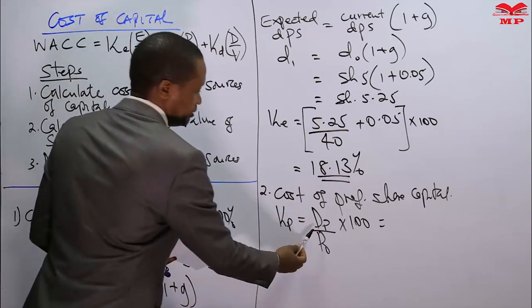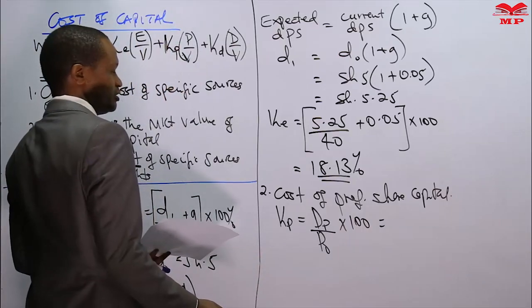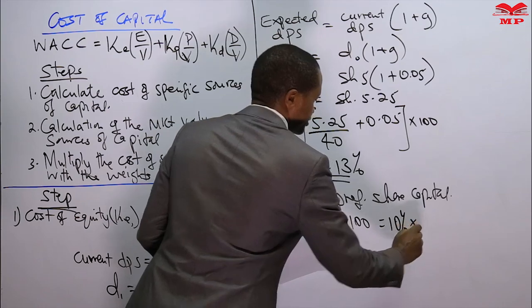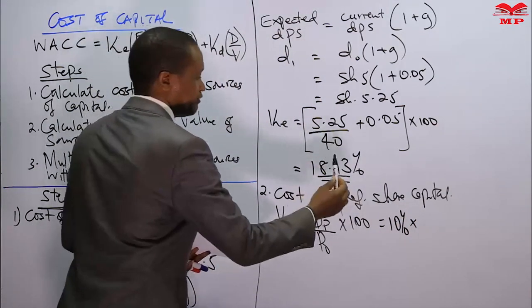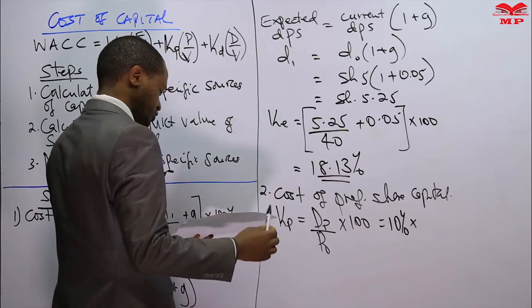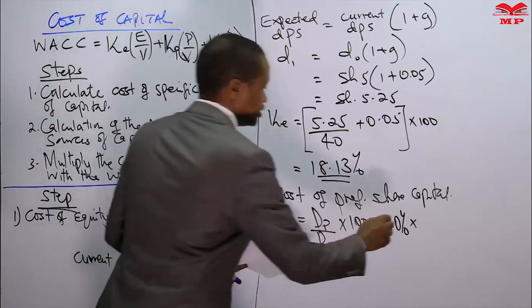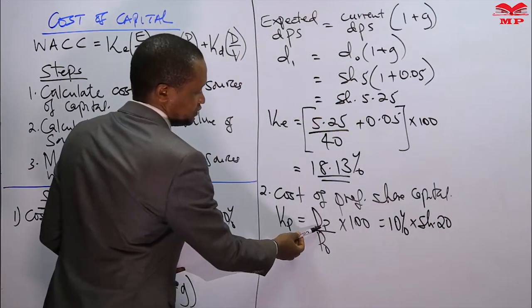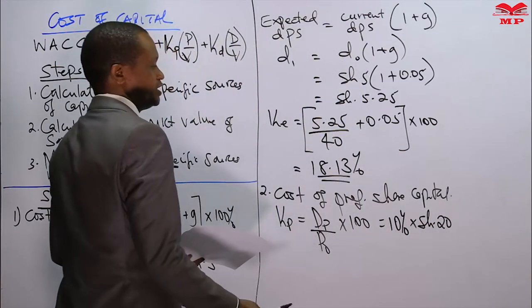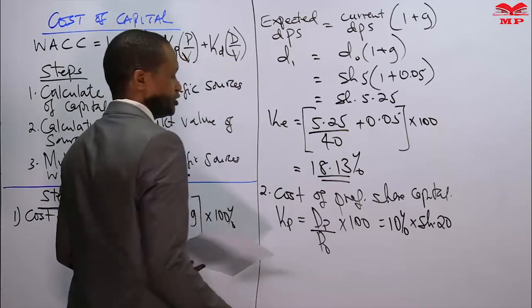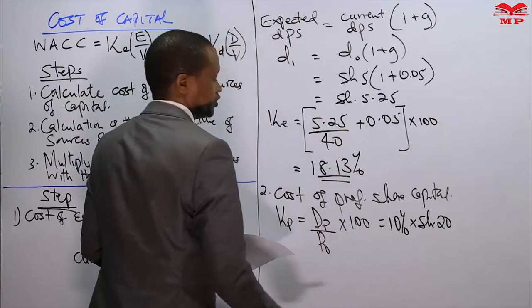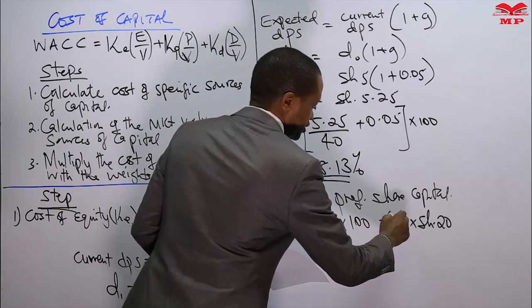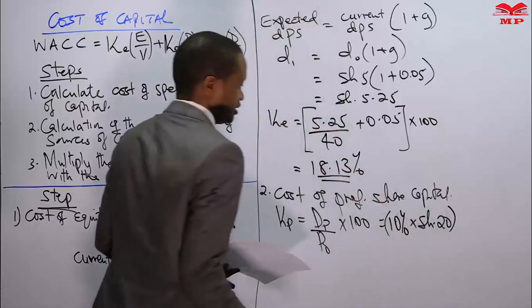So DP or dividend per share will be the 10% times the par value of 20 shillings. That will give us the dividend per share. The dividend per share for this preference share capital is 10%, and for you to arrive at the dividend per share, you multiply that with the par value, which is given in the question.